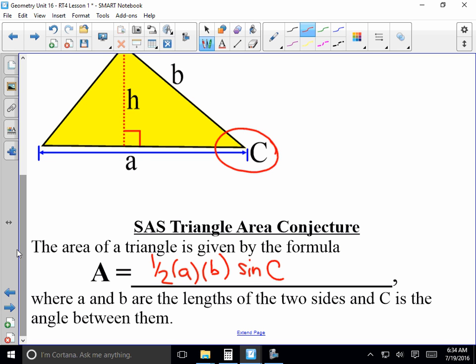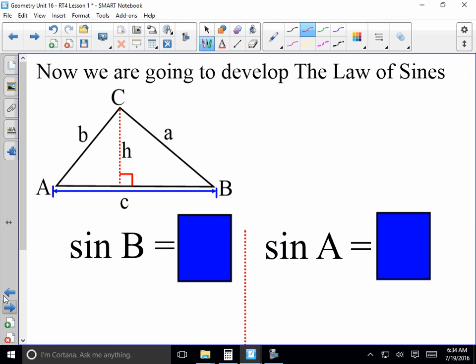What's the important part here is that the two side lengths that you're given have to come together and make the angle that you're given. And if you have those three pieces, given side, included angle, then you can use this area formula to find the area of that triangle. Now we're going to use this idea to develop the law of sines.